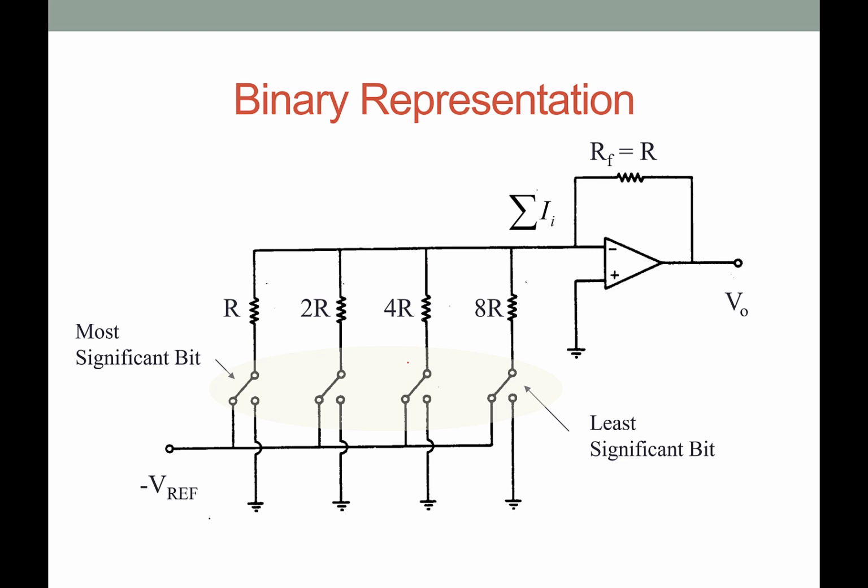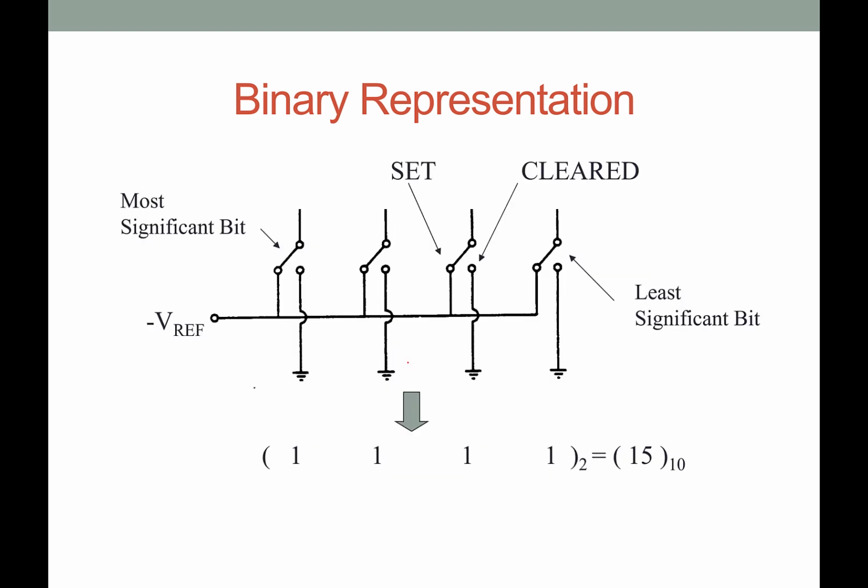So anyways, this is just telling you a little bit more about the switching. So if you had 1, 1, 1, 1, and this talks about the set and cleared part, if you have the 0, then the switch needs to be in that position.